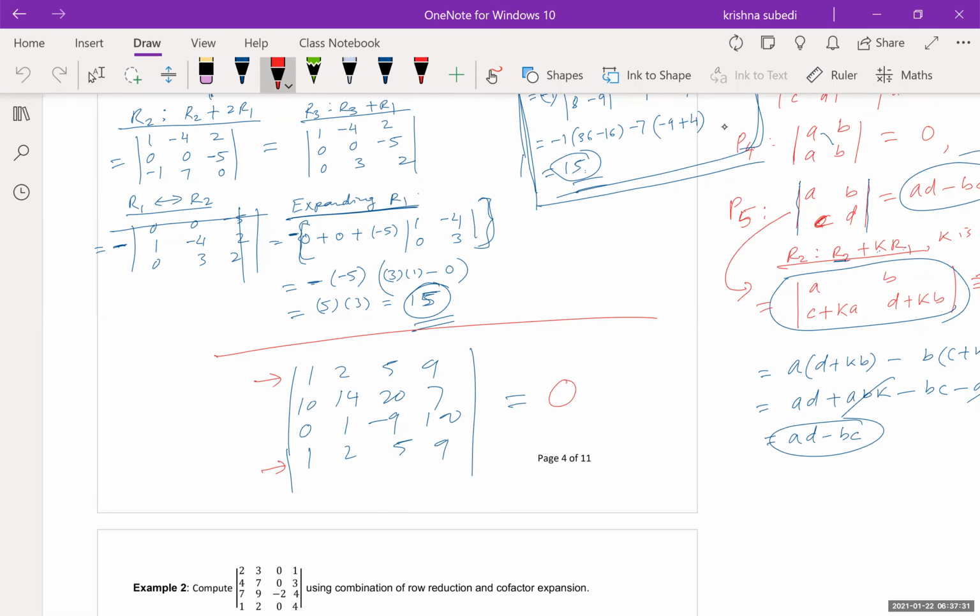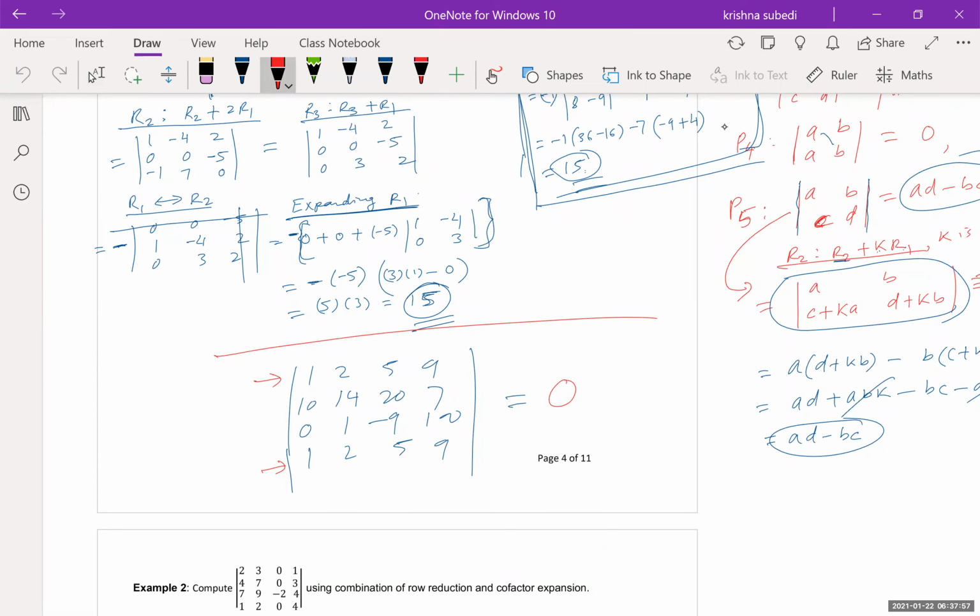This may be a little bit confusing. We are talking about determinant, okay, not the matrix. So the matrix property does not apply as it is. For example, in the matrix, when you wanted to change it into echelon form, you can interchange the rows and it doesn't make any difference in the final answer, right? But here, when you interchange the row or column, the sign must be changed.